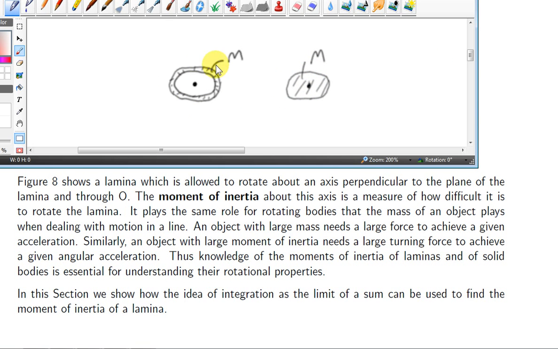That's because the moment of inertia of the ring is greater, because all the mass elements of this ring are further away from the center of rotation than are the mass elements of the lamina. Okay, so the distribution of the mass plays a role in the moment of inertia of an object. So this one is more difficult to rotate than this one here, even though they both have the same mass.